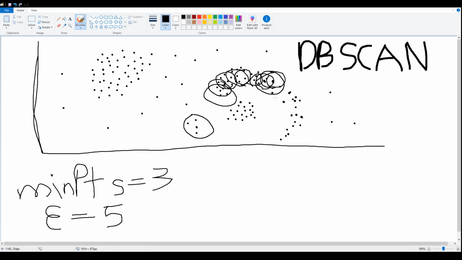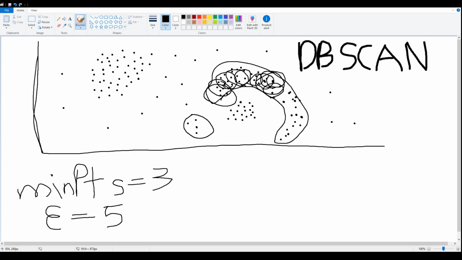This point does not have 3 or more points. I see 1 and 2. It only has 2 other points, and the minimum number of points is 3. But it can still be reached from a core point, meaning it's still in this same cluster. So these are all going to get put into the same cluster.